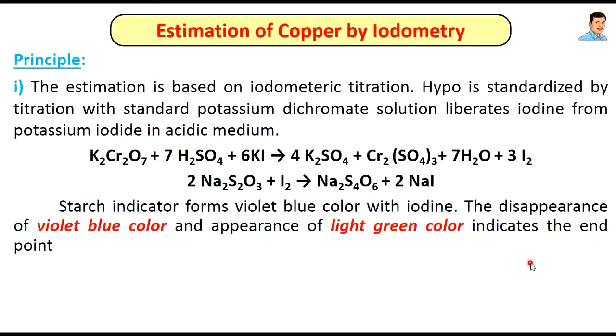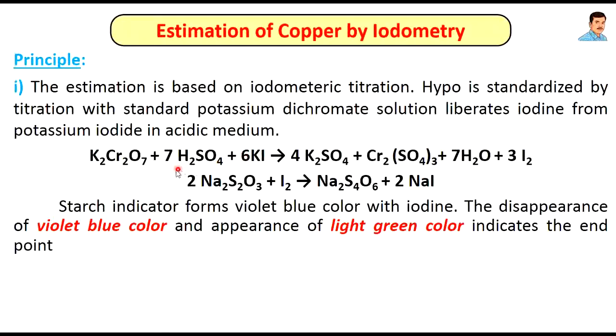Principle of the experiment: first we will have a look at the standardization principle. Here hypo is standardized by titration with the potassium dichromate solution. Potassium dichromate acts as the oxidizing agent and it liberates iodine from potassium iodide.